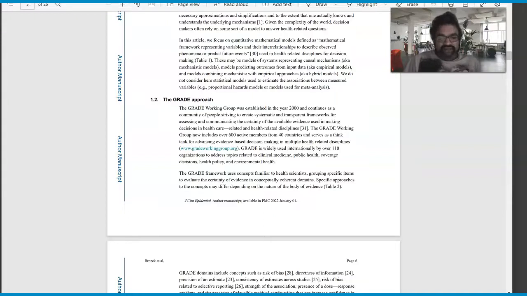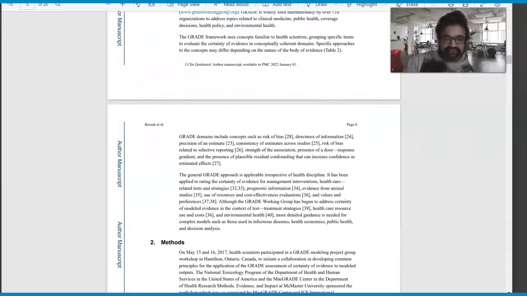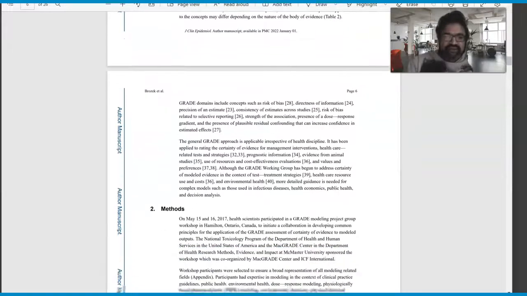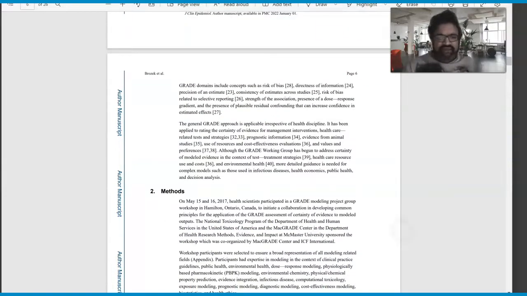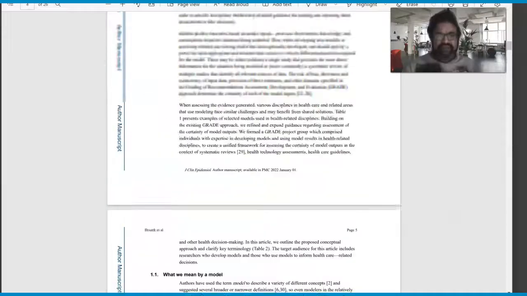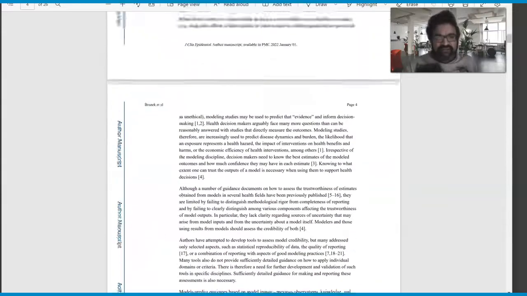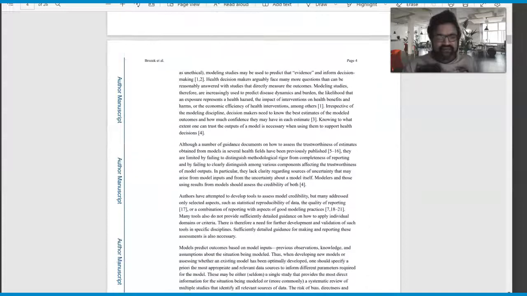So GRADE provides a framework for health scientists to understand the certainty of the evidence, which is in coherent domains. When you have the GRADE approach, you can apply this to any study that is out there.